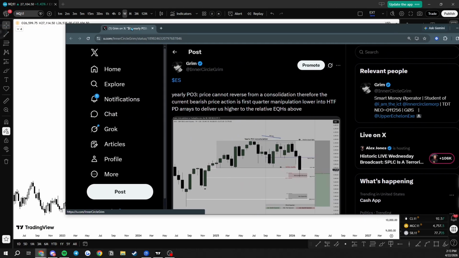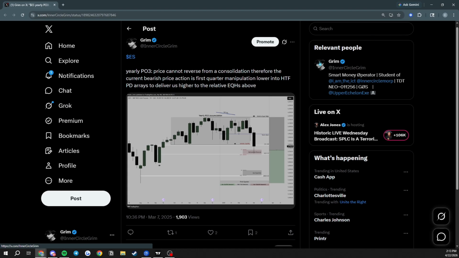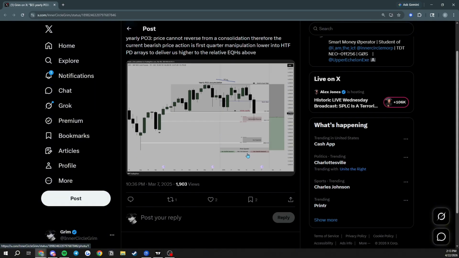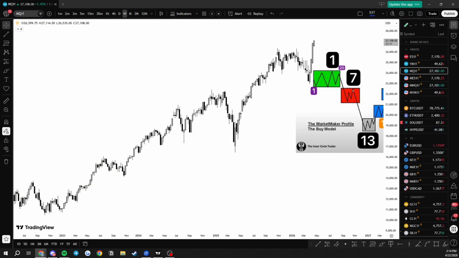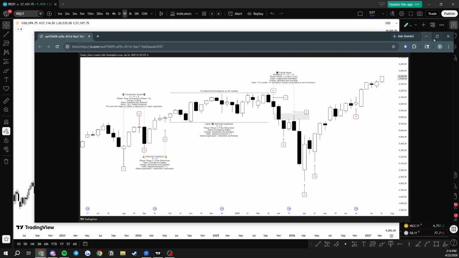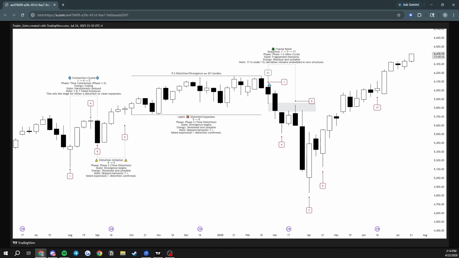Just so you guys can see, we've been using these concepts for a really long time. We're looking at this yearly accumulation, looking for a move lower, and this was all the way back in March of 2025. I know there's a lot of writing, don't pay so much attention to it, but what I was essentially looking for was 20 candles of consolidation.